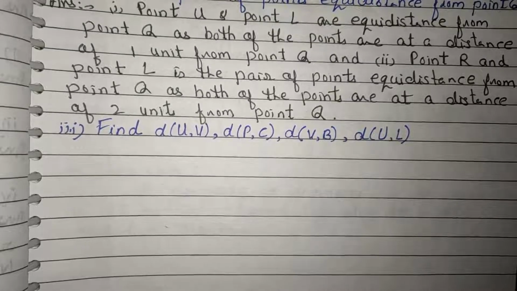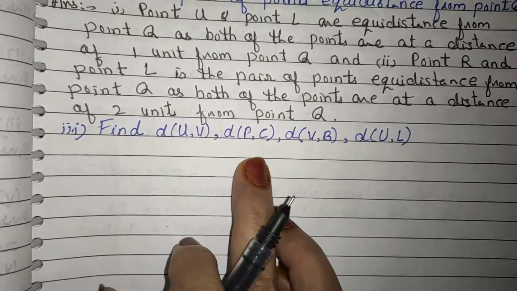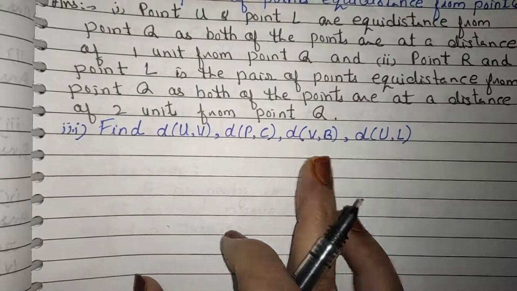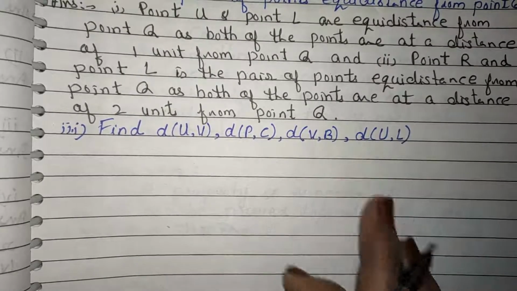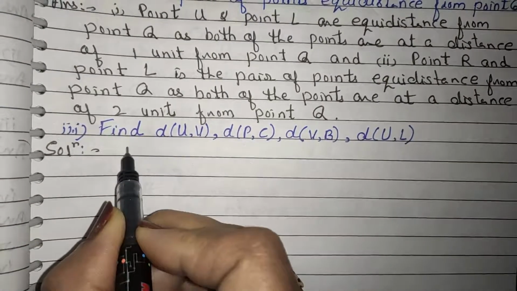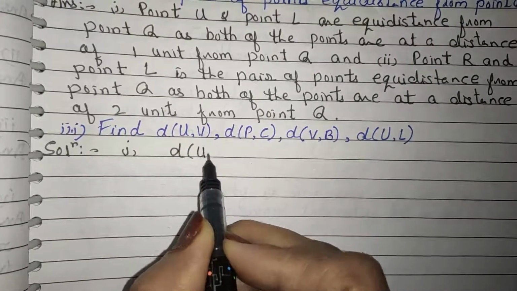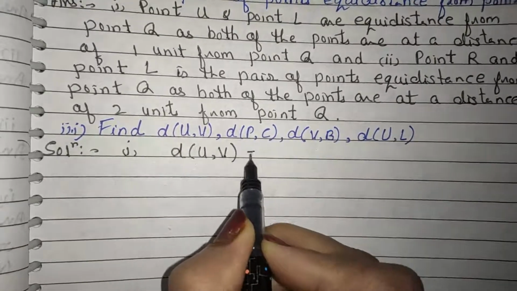Now next question, find the distance between points UV, the distance between points PC, the distance between points VB, and the distance between points UL. Write down the solution here. First, distance between points UV.